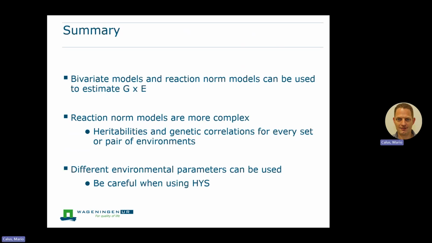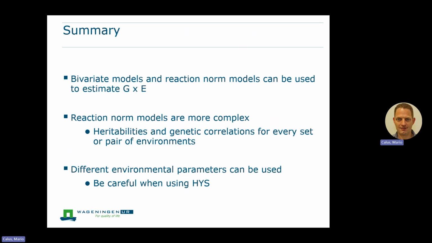Then to wrap up the part on estimating the G by E, we can either use multivariate models if the environments are discrete, or reaction norms if the environments are more continuous. Reaction norm models are a bit more complex.